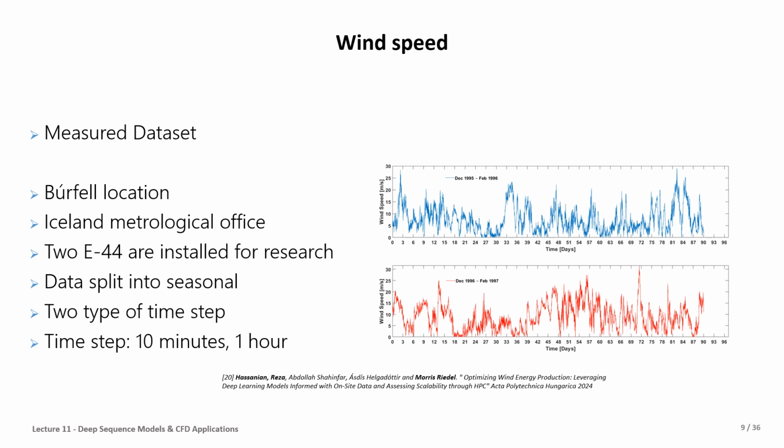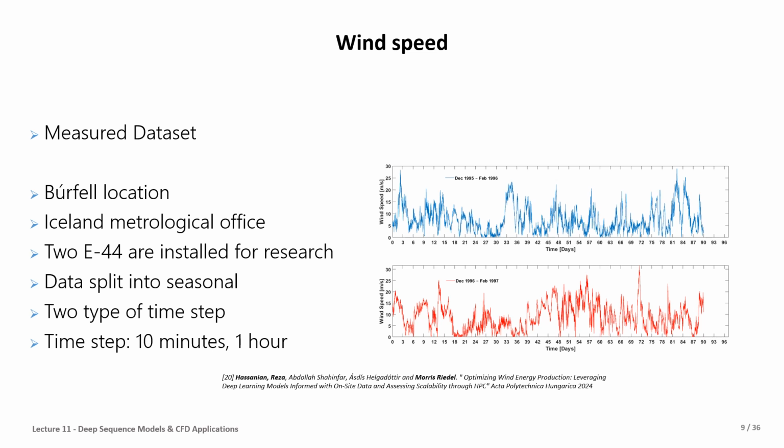Here is an example about the wind speed, a practical example of the deep learning model for the wind speed. Here, the data is measured from the Borefeld location from the Icelandic Meteorological Office. In Borefeld, there are two E44 wind turbines installed for research.